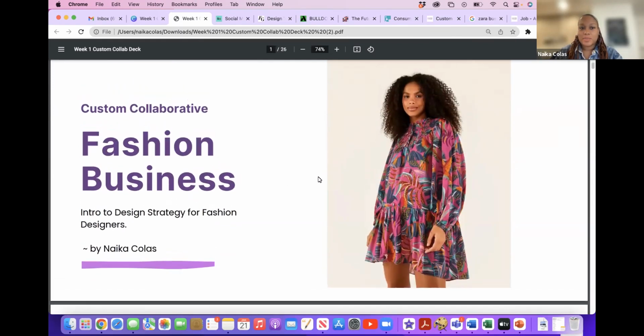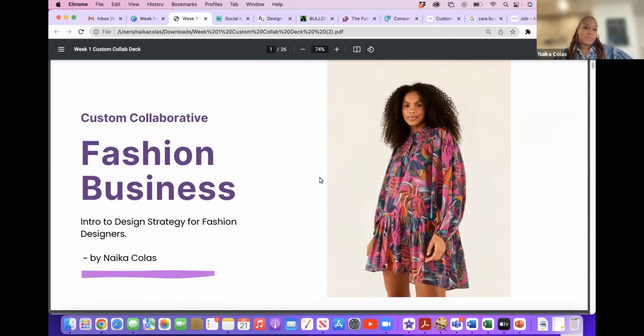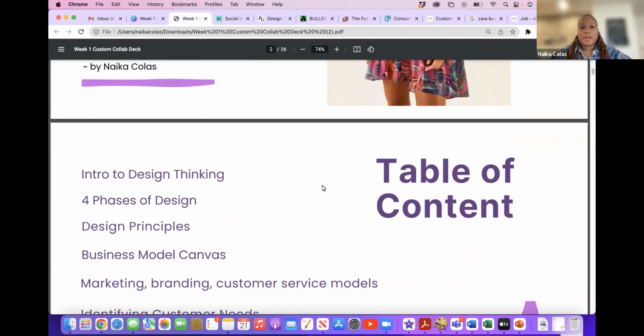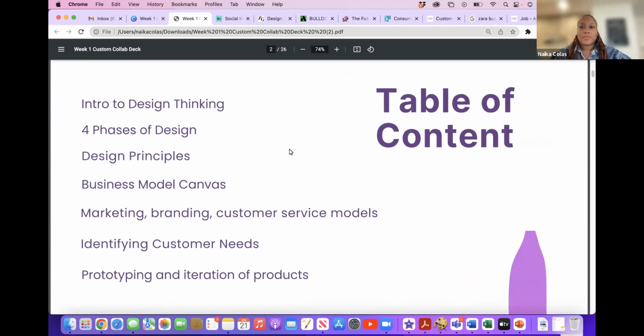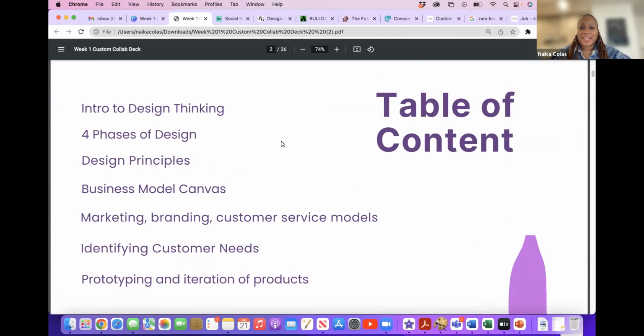So this week, we're going to go into the intro of design strategy for fashion designers. I'll go over the table of contents, and then I'll do a brief intro to myself outside of what Ganeda just did. So we're going to go into the intro of design thinking. What does that mean?